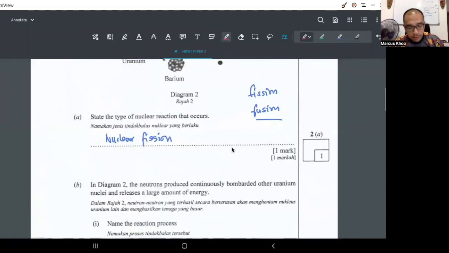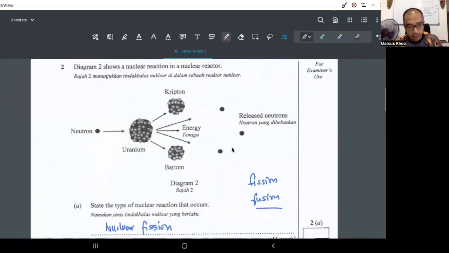Because remember, every time a nuclear fission happens, the uranium will decrease. So the uranium will decrease until a certain point where it is less than the critical mass. We cannot say threshold mass, so it's not the right term. Actually it's called critical mass.